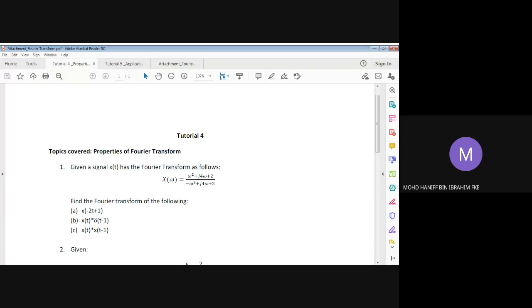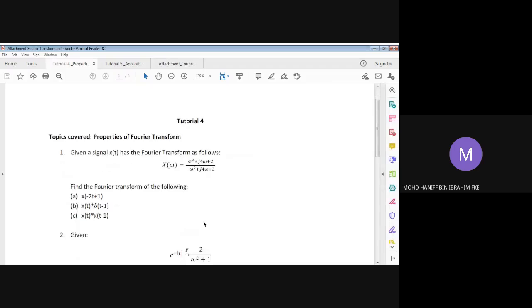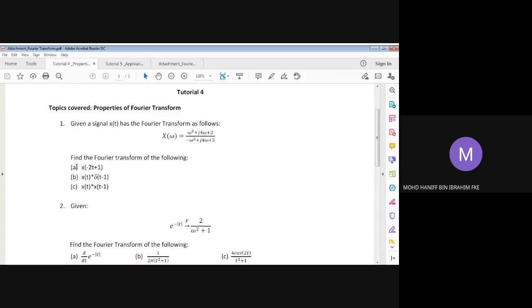Okay, so there's a question by David Ong. Question 1, how to transform it into xt? Let me see. Question 1. Is this the one, right? Okay. You don't have to transform into the xt.